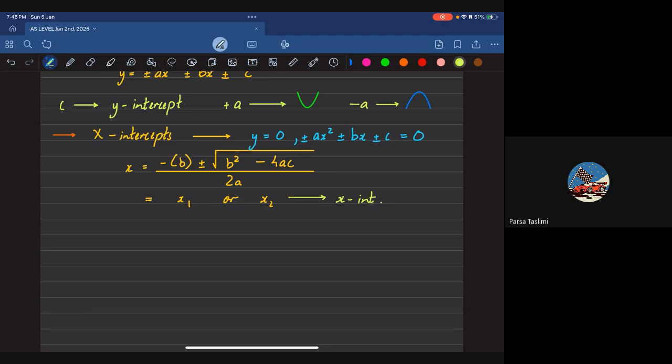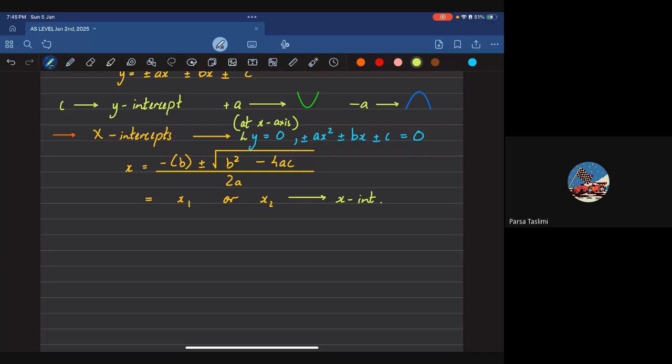So in order to calculate your x-intercepts, you put y is equal to 0, because the x-intercepts are on the x-axis where y is already equal to 0.